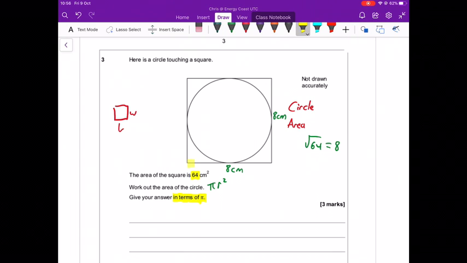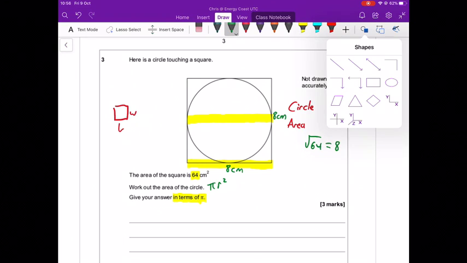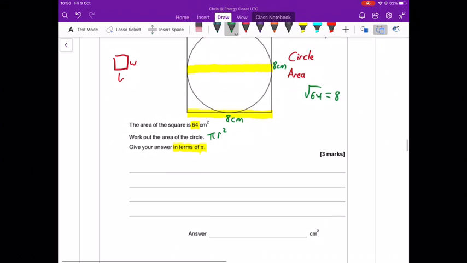Let's have a look. So if I know that this length from here to here is 8, I know that this length from here to here is also 8. And what I've drawn there is the diameter of a circle.